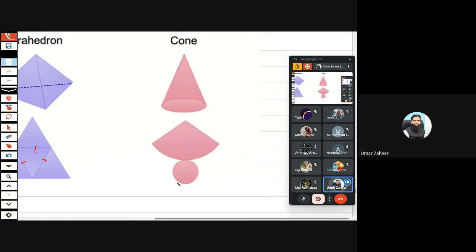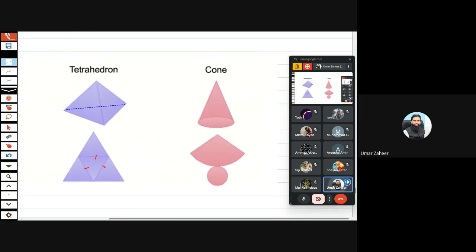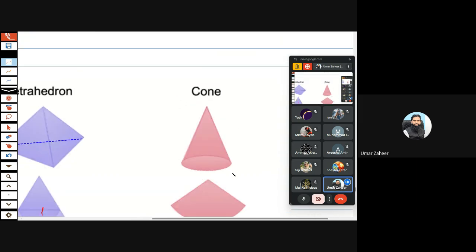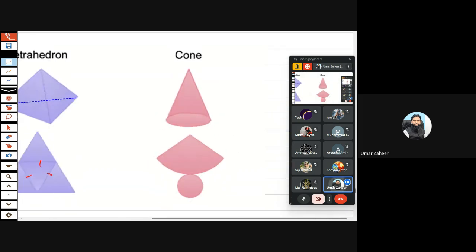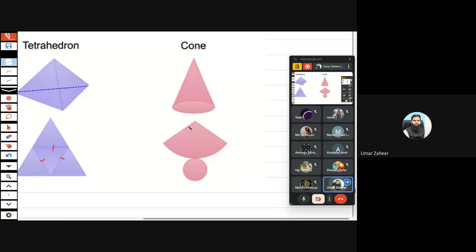Now the last most important shape is the cone. In a cone, when you open it, look at here, you are going to get a sector, and you are getting this one. Can you please tell me what is this length?